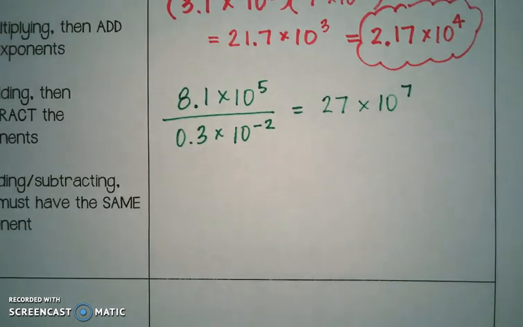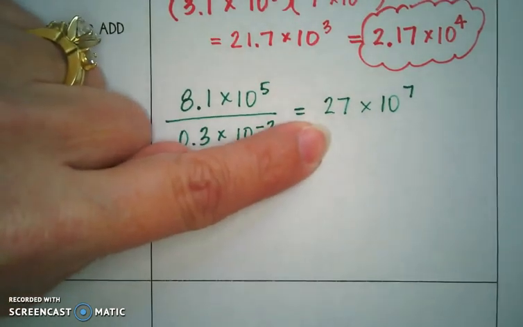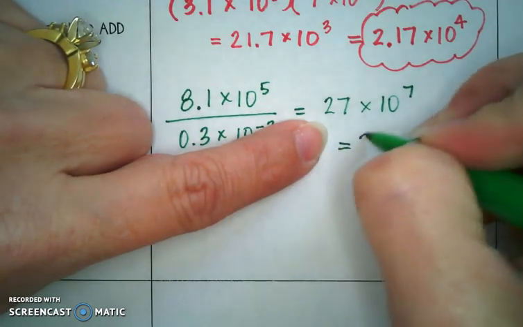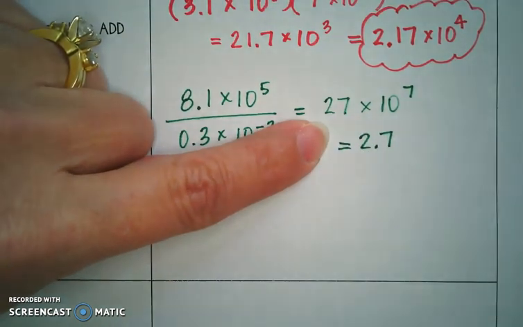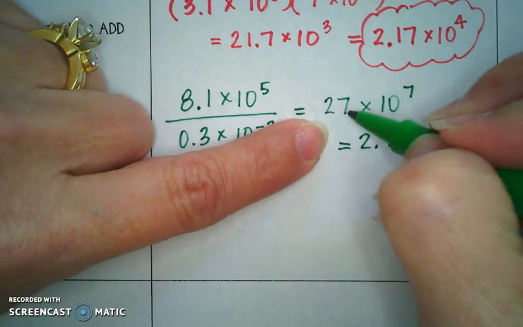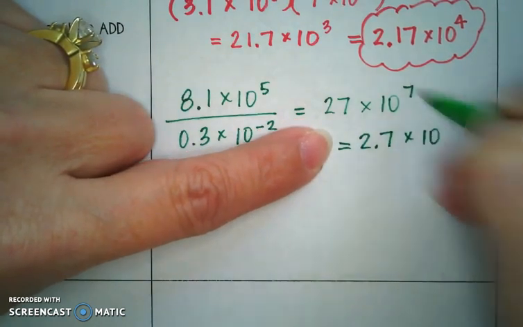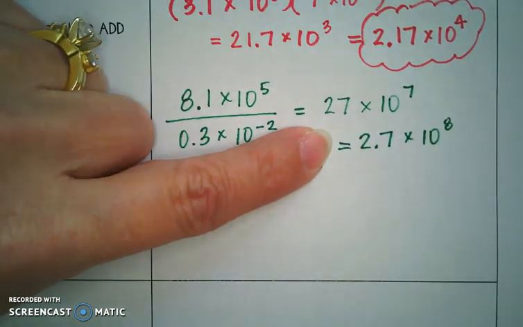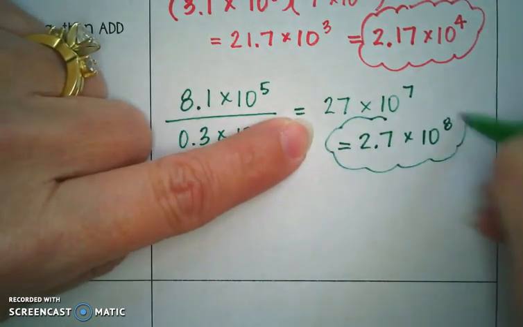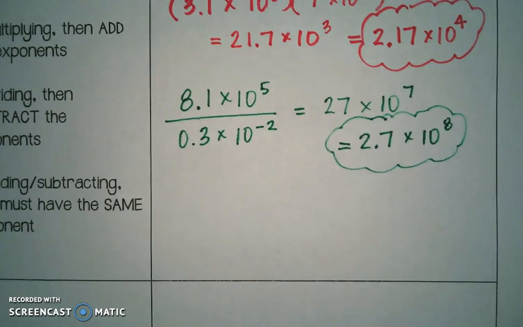And again, it's not. This is not a number between 1 and 10. So I need to rewrite this as 2.7. So since I made 27 smaller to get 2.7, I need to make my exponent bigger. So now I have an answer that's in the correct scientific notation form.